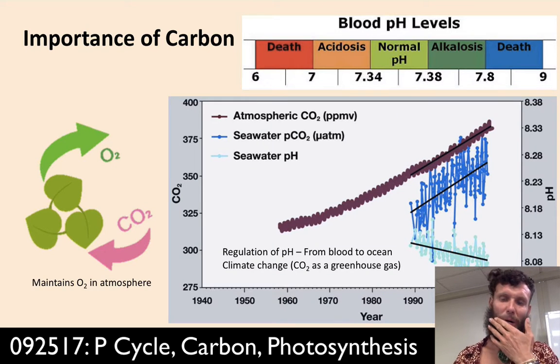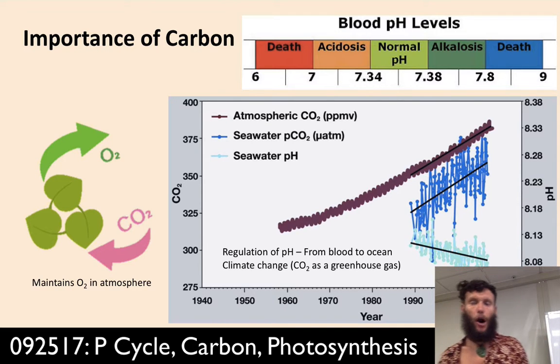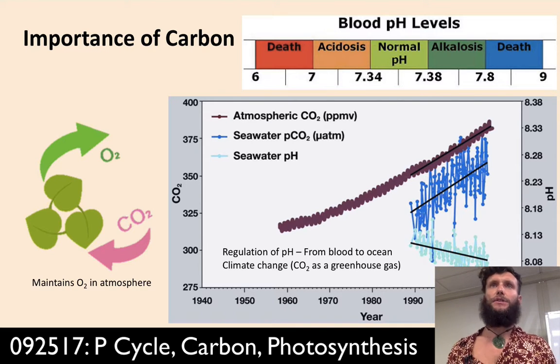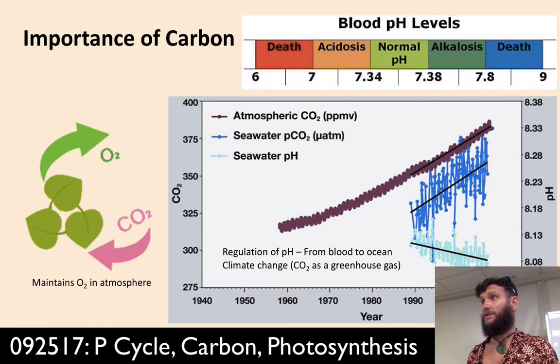Why else is carbon important? Well, the carbonate that is dissolved in your blood is one of the primary buffers of your blood pH. Your blood pH is approximately 7.35, and it does not want to be very far from that.